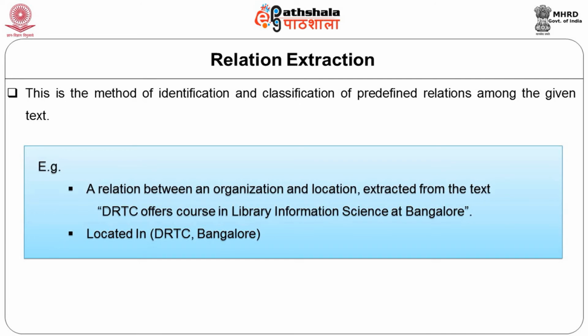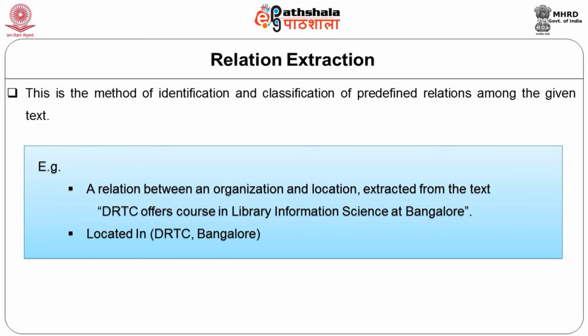This can be extracted from text on the internet, maybe the DRTC website, which simply says that DRTC offers a course in library and information science at Bangalore. This is the kind of statement available. Here it was not directly mentioned, as you can see, that DRTC is located in Bangalore.